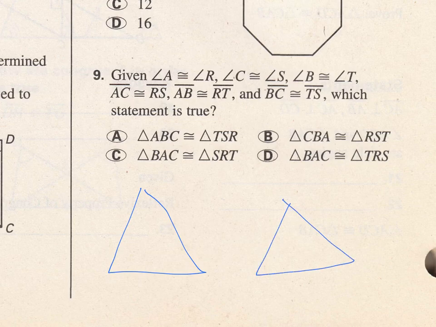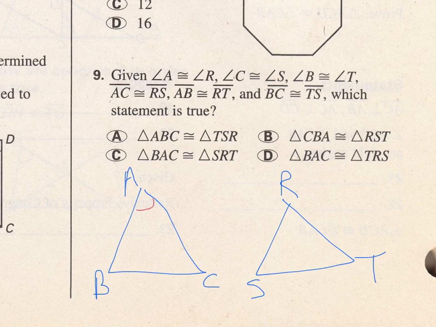Okay, so obviously we got a triangle that's like this, A, B, and C, and one that is R, S, and T. Okay, now that I've drawn that, now you start going back to all this information that they give you.